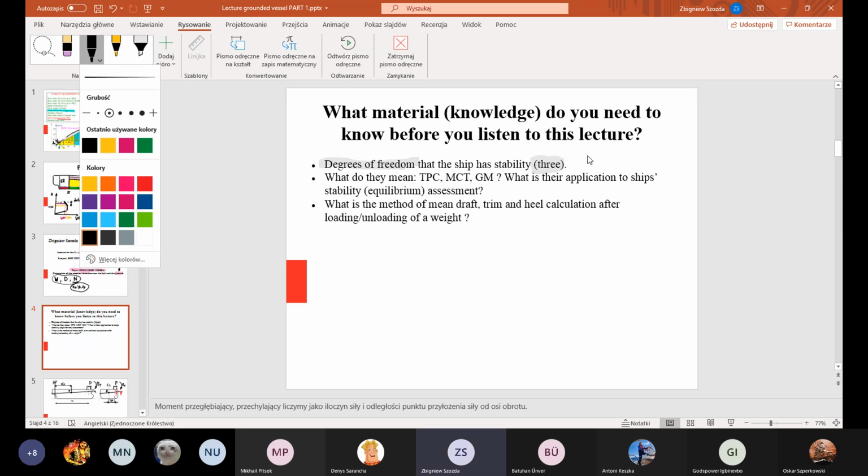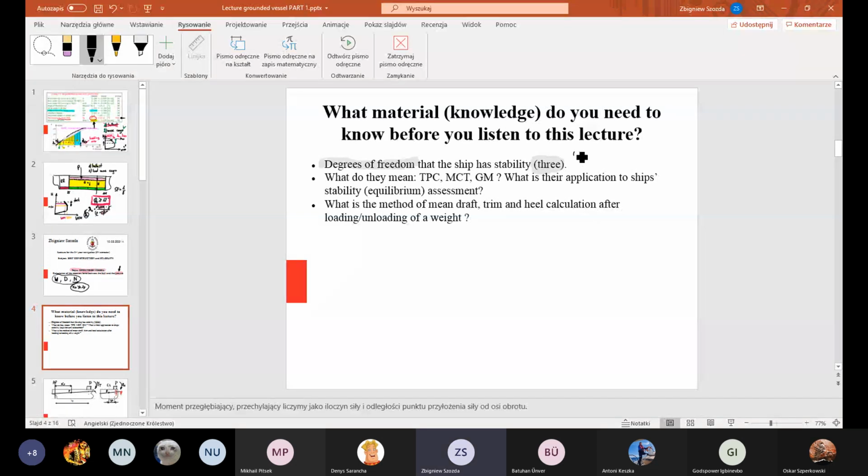The ship has stability in 3 directions. The first one is draft. The second is trim. And the third one? List, the angle of heel, or list. Fine. So 3 degrees of freedom.